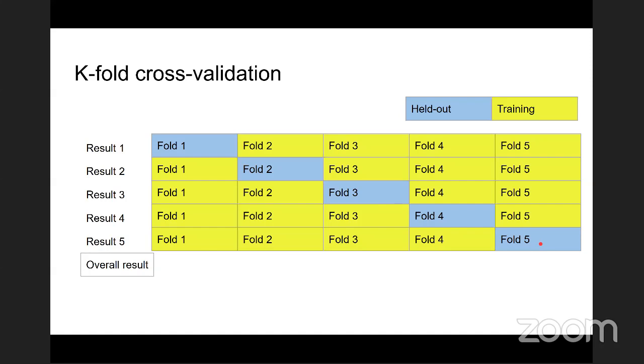This is for 5-fold. You could also do 3-fold if you don't have that much patience. Then you would look at the overall result of these 5, the one that gives you the lowest average error or highest average accuracy, and also a small variance in accuracy. Based on that, you will say that this model is good.